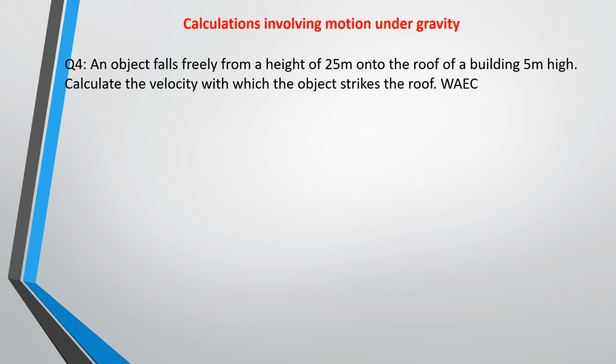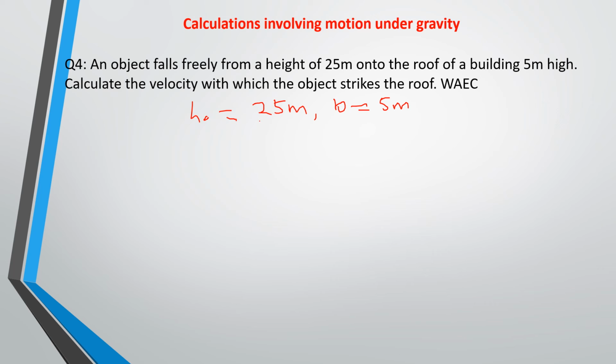Now for this particular object, the height of fall, the height h, is 25 meters, right? You have to read your question properly. Then the height of the building, let me make that B, is equal to 5 meters.